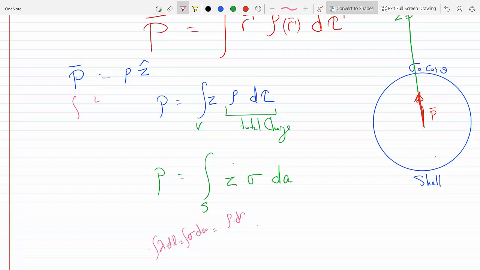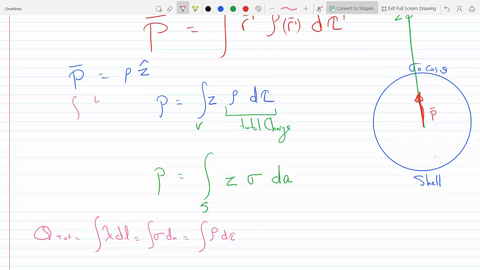So Q total, if you have a line charge, is lambda dl. If you have an area charge, sigma dA, and if you have a volume charge, it's rho d tau. These all mean the same thing, depending on what kind of charge we are dealing with.